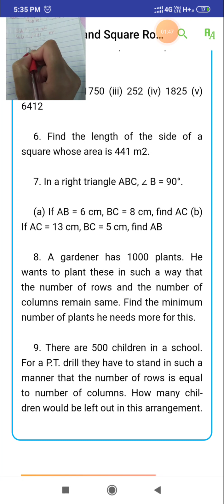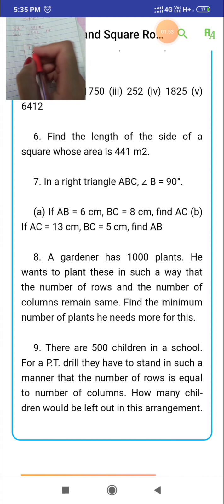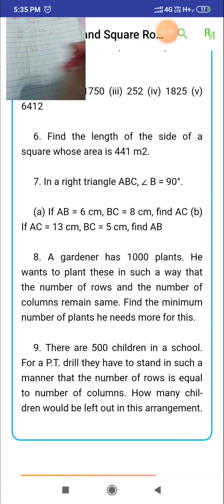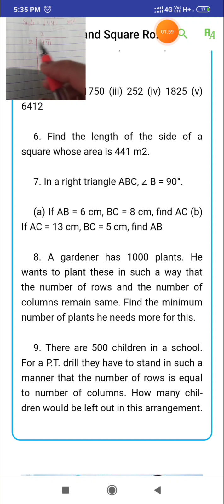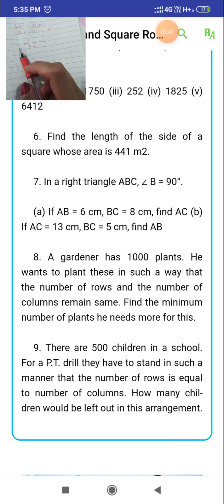The first step is making pairs from the right side, and we have 4 bar and 41 bar. Next step is to put the same number in the divisor and in the quotient so that their product is less than or equal to our first bar.